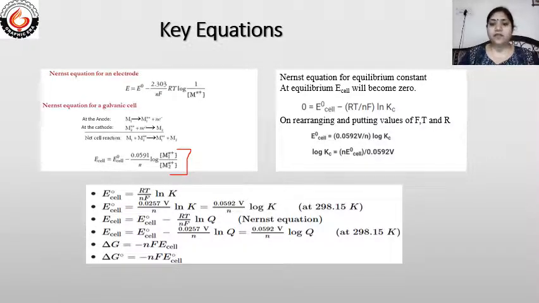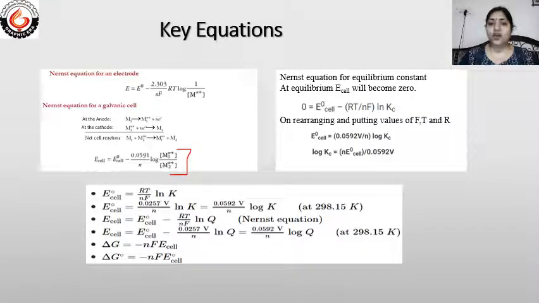Then the Nernst equation for the equilibrium constant. At equilibrium E cell will become 0 because the forward reaction will be equal to the reverse reaction. So E cell will become 0, and then 0 is equal to E naught cell minus RT upon nF log Kc. The Q, which was earlier used in the Nernst equation, the reaction quotient, will be converted into the equilibrium constant because we are deriving the equation for the equilibrium constant.